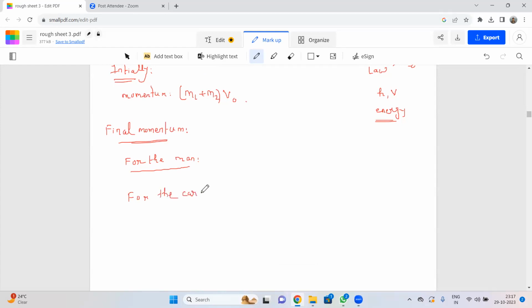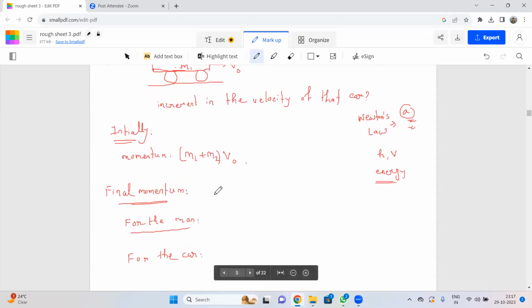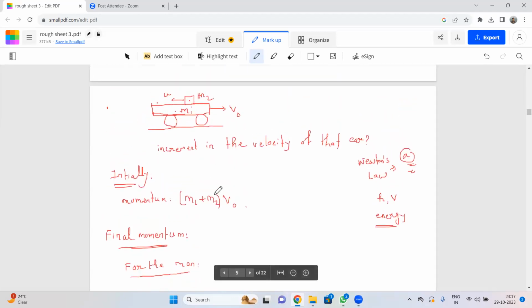For the car, it has the mass m1, and the velocity has increased by some value. Suppose the increment is delta v, which we need to calculate.